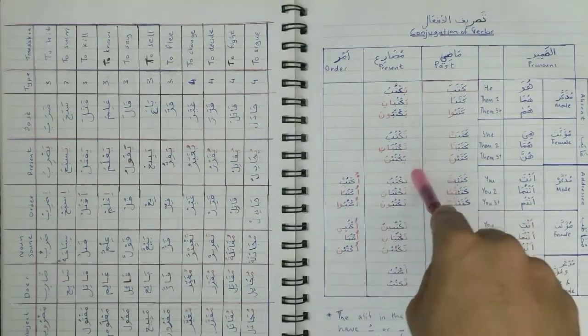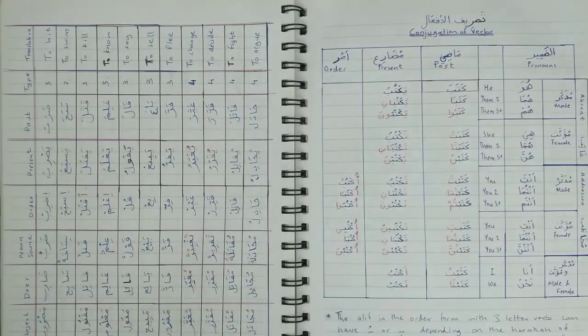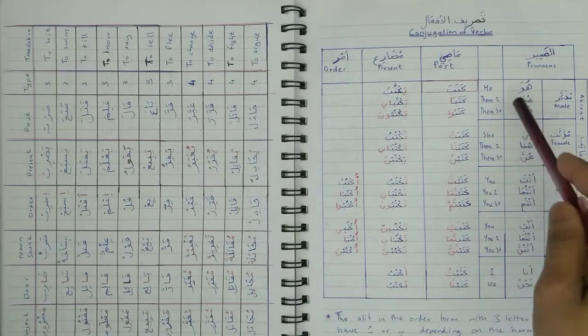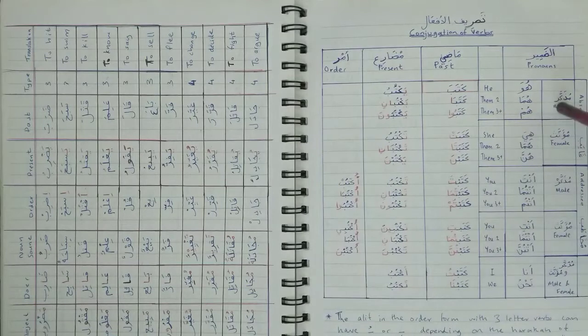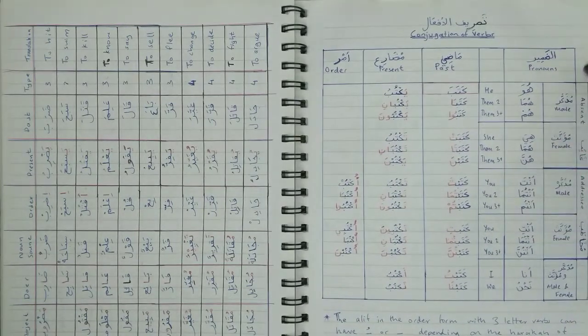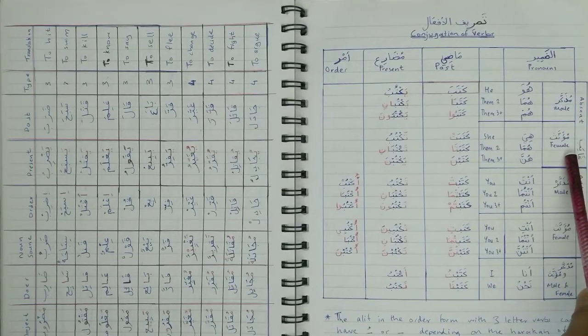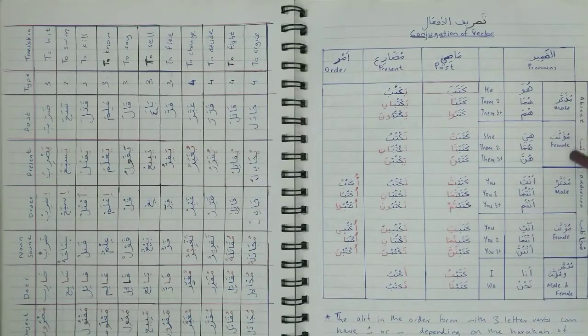Okay, so this is a diagram which I have drawn. This is something very popular which you see that many teachers do teach when teaching the conjugation of verbs. So they categorize it in past, present, order, and on the right hand side they have the masculine, male, feminine, the female, with its branch over here which is written absent.